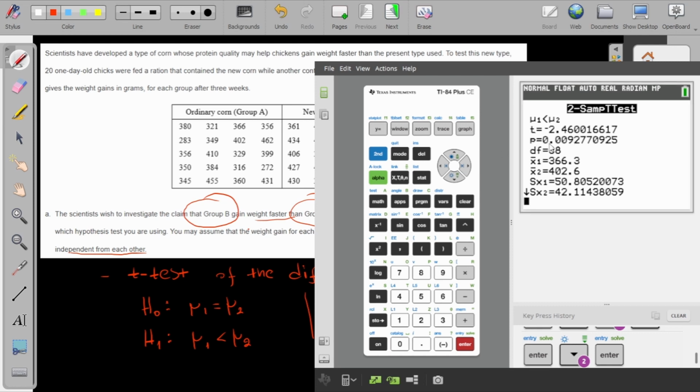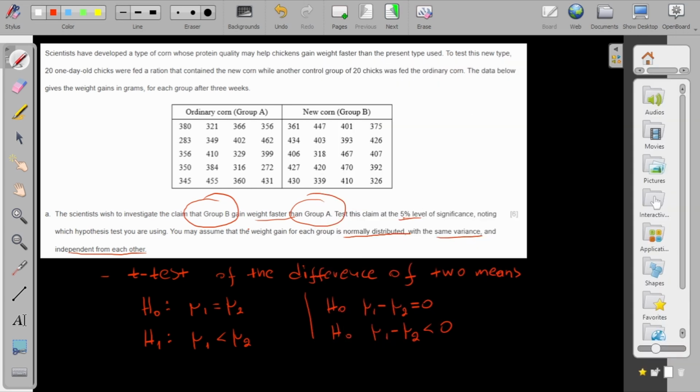Now here I have my test statistic, minus 2.46, and how much is the p-value? The p-value, as you see, is 0.009.